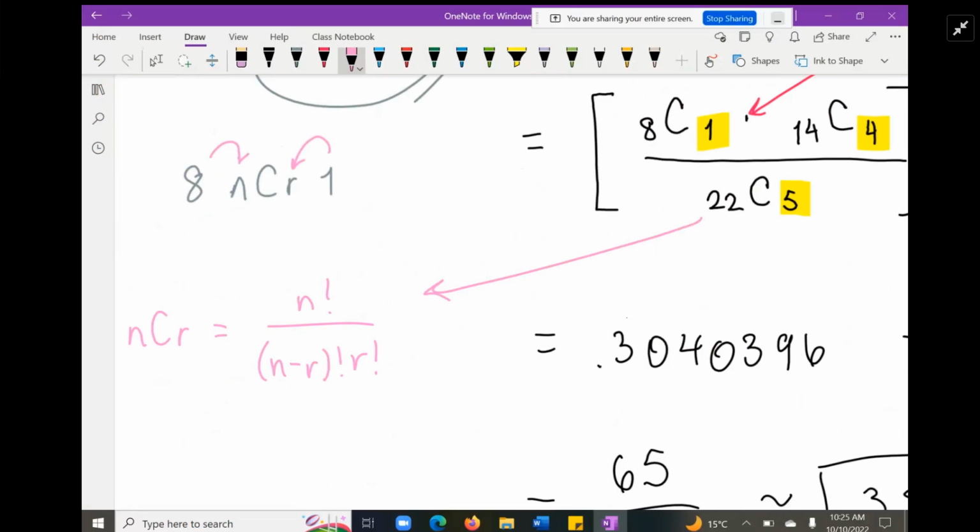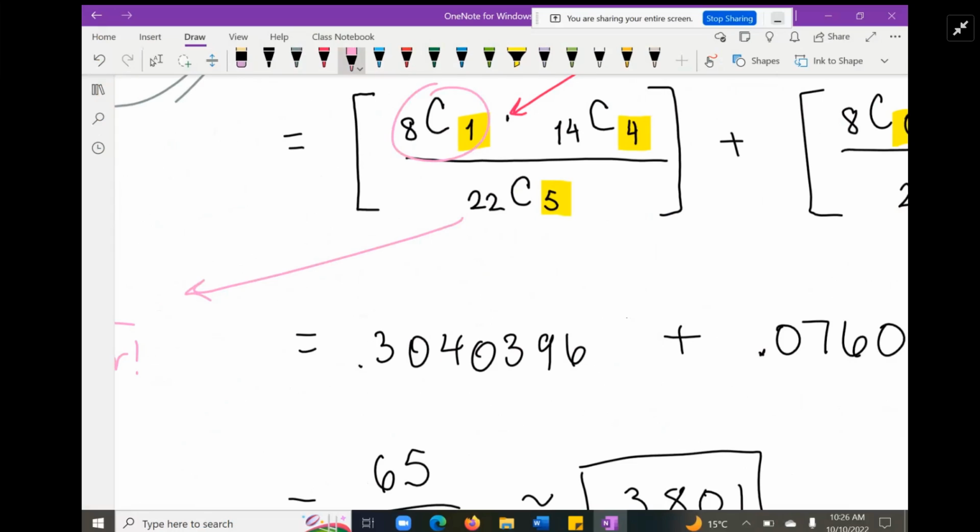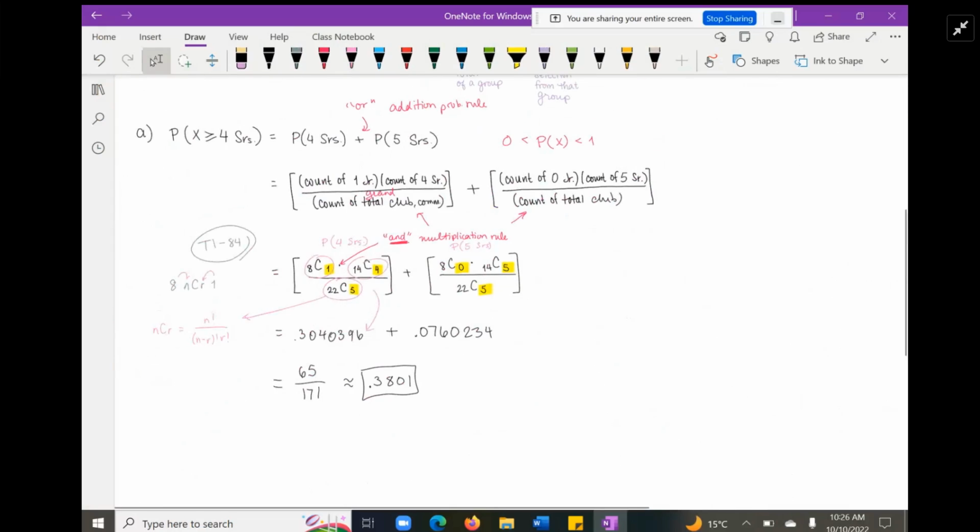And I would highly recommend, if you're doing it on paper especially, reducing it down so that it's easier to type into the calculator, to find those particular values that you would plug into each of these spaces that leads to the overall value. So just a little note on that. But there's the answer, 0.3801. That's the probability, the chance that there's at least 4 seniors.